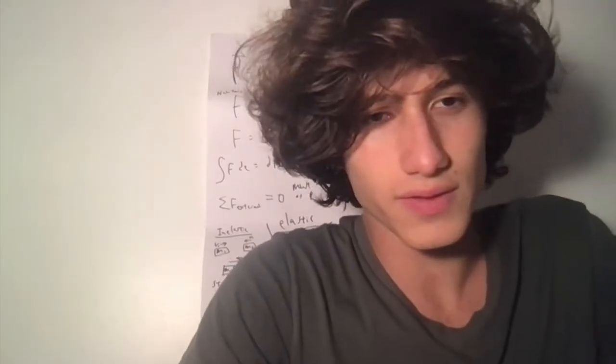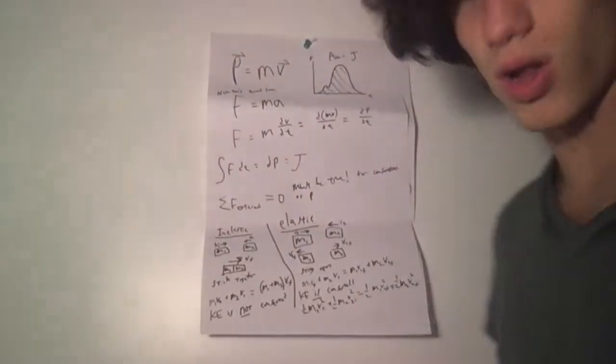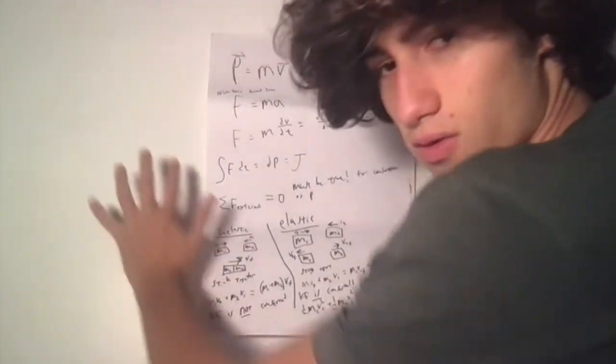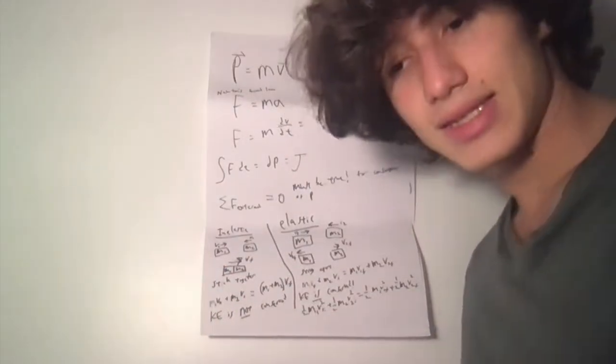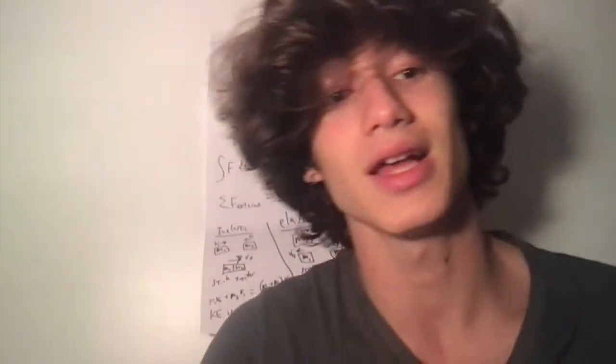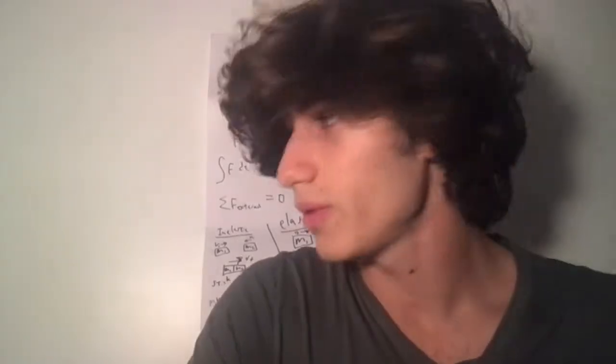So if I push, say, against this wall, I'm exerting a force on this wall. It's pushing back against me with that same force, but in the opposite direction, which is why we don't see any movement here, because I'm being pushed back by an equal force in magnitude.